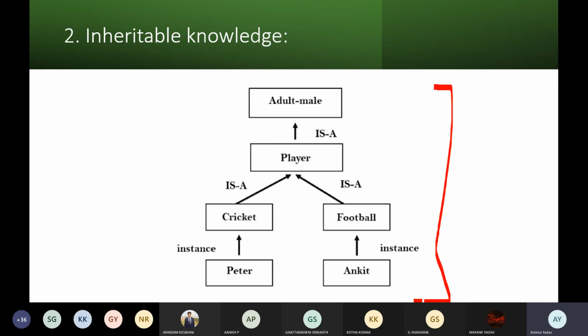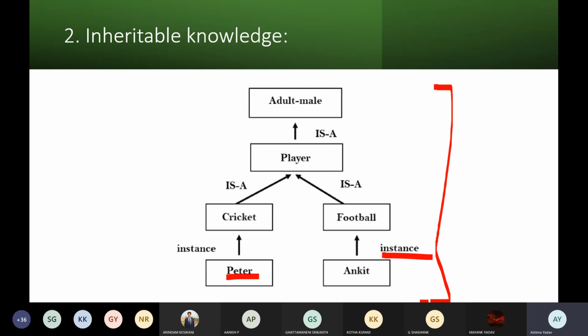If you might have studied inheritance, or the instances, like if I say that Peter is the one who plays cricket, he is a cricket player. So Peter is an instance of cricket, and cricket here shows the cricket player, and he is an adult male. So that's how you can see that Peter is a cricket player and he is an adult male.